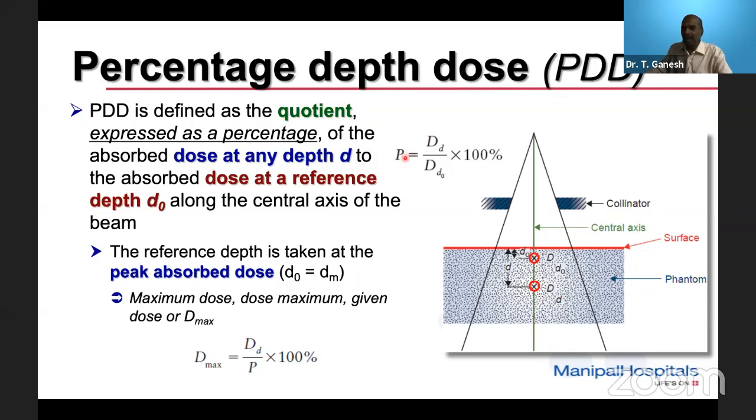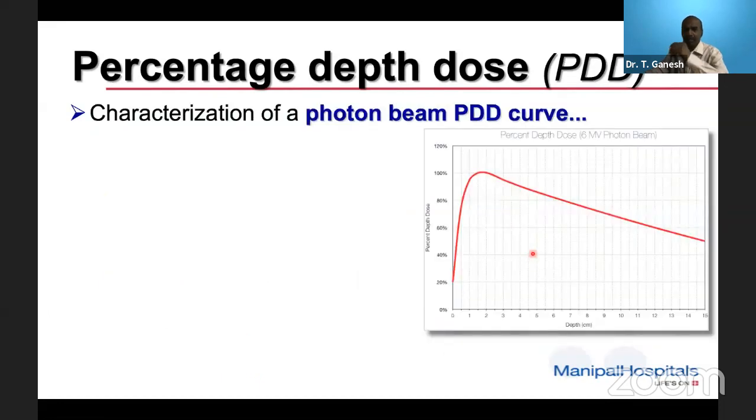So with P here, the dose at this point, DD, divided by the dose at the reference point D0 expressed in percentage. And when D0 is at the dose maximum, then we can calculate the dose at the maximum by simply dividing the dose at depth by the percentage depth dose and multiplying by 100. So just rearranging, we can calculate the dose at this maximum point.